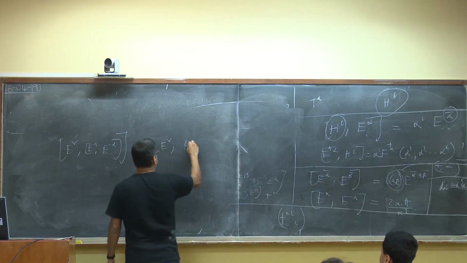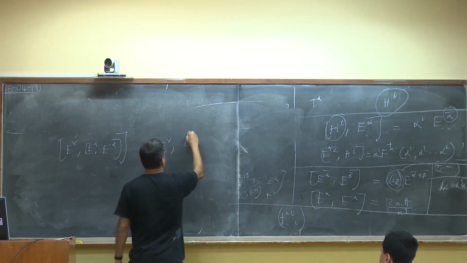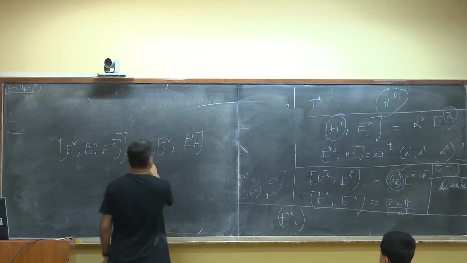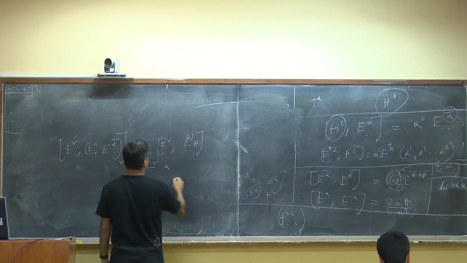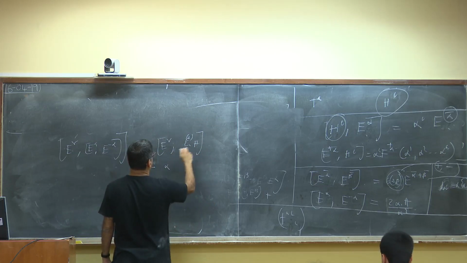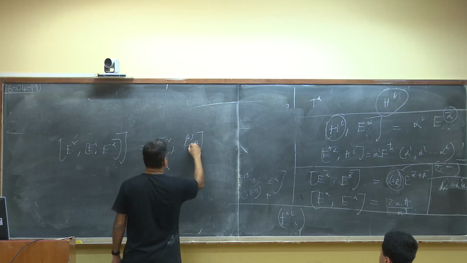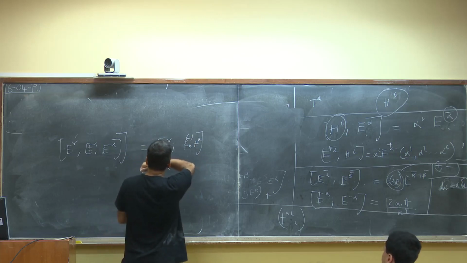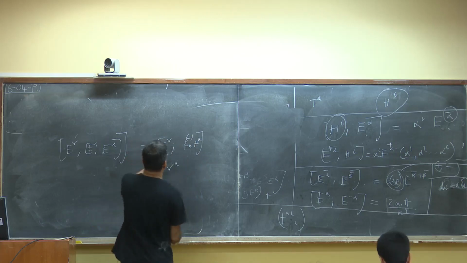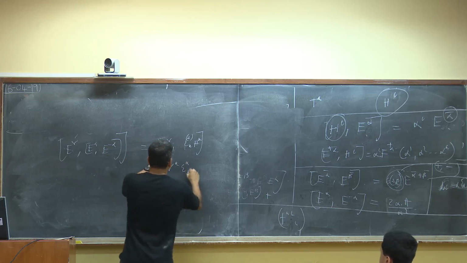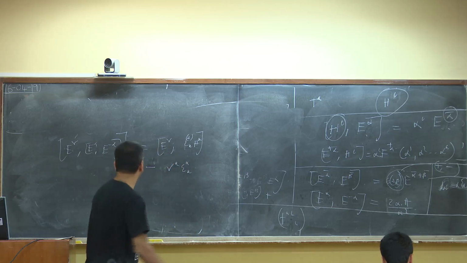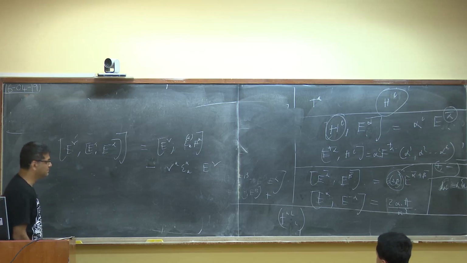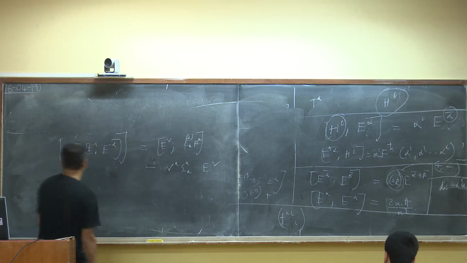The right-hand side is minus alpha, zeta alpha dot h, gamma, zeta alpha, times E gamma.